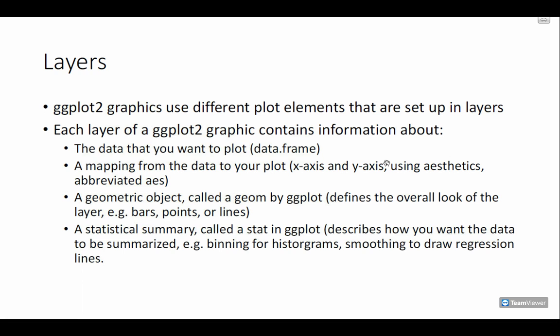Then you specify the x-axis and y-axis using an abbreviated function called aes, which stands for aesthetics, where you specify x equals which column of the data set, and y equals which column of the data set, in order to plot.